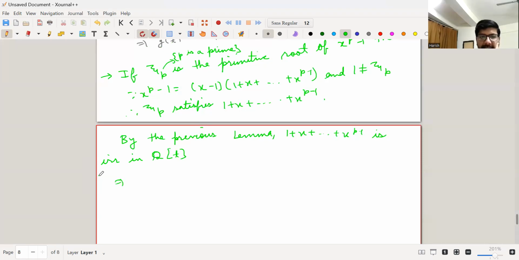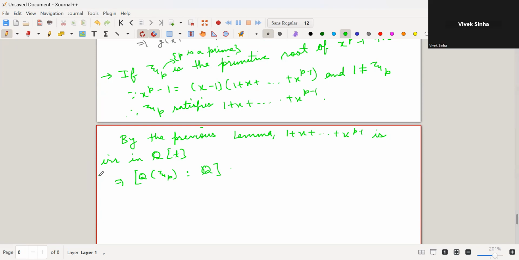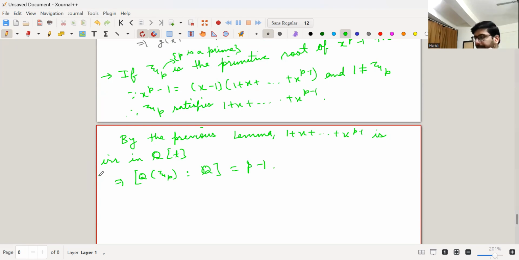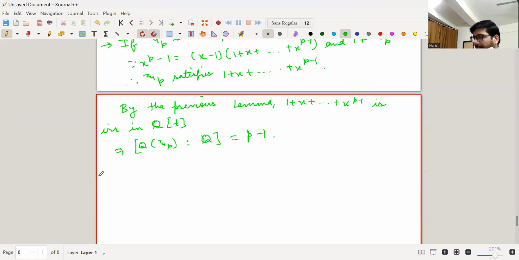This implies that if you adjoin zeta p to Q, then the degree of the field extension is p minus 1.